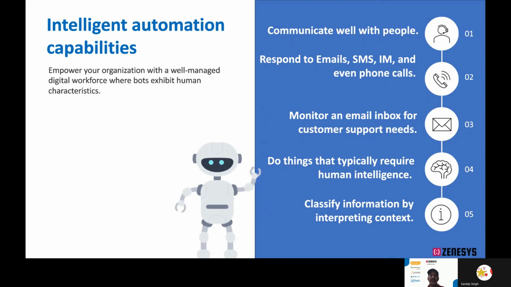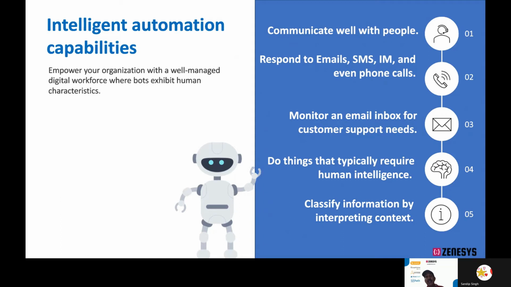You can think of these capabilities as some of the human intelligent capabilities. So at this point, I would only say these bots are dumb. No, these are not dumb. These are built with intelligent automation, not just the repetitive work that they are taught to do.